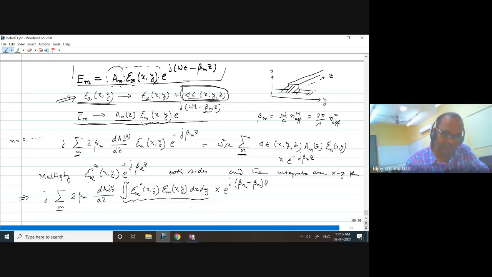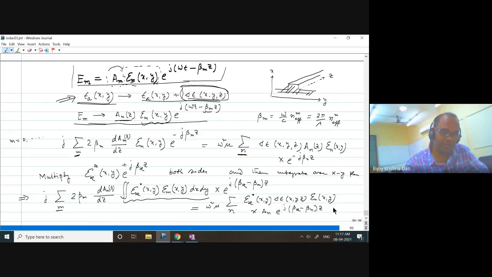What is the right hand side? On the right hand side I can write omega square mu, and here the index is n, and I can write ek star xy, delta epsilon xyz, and then en xy, right, multiplied by e to the power j beta k minus beta n z.